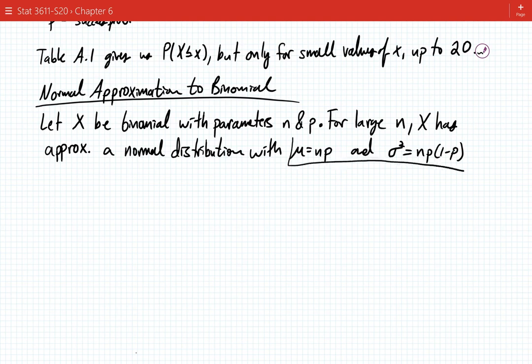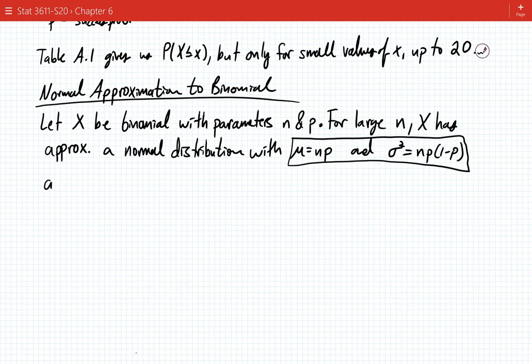So these are the associated parameters for approximating a binomial random variable using a normal distribution. What is the average number of successes, mu? Well, if you do n trials with a success probability of p, then you would expect n times p successes. That's our mean. And notice that this is the variance, not the standard deviation. The variance is np times 1 minus p.